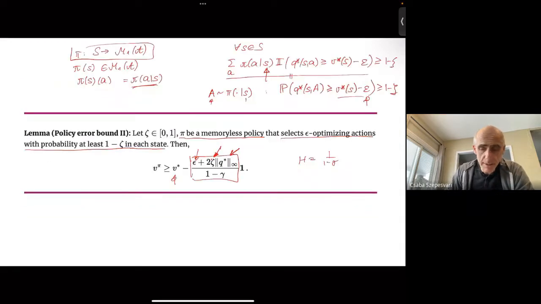And to close everything up, you might then suspect that for this lemma, policy error bound 2, you should just show that pi is epsilon plus 2 zeta Q star norm optimizing, and then you're done. You can just use part 1 of this other lemma. Part 2 of this lemma is useful for other purposes.